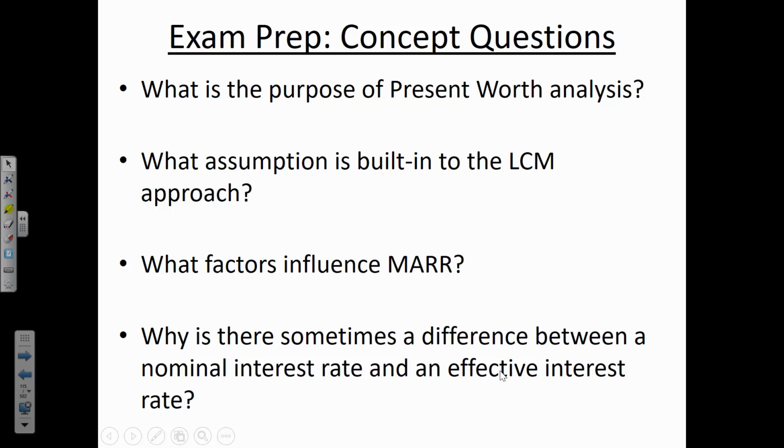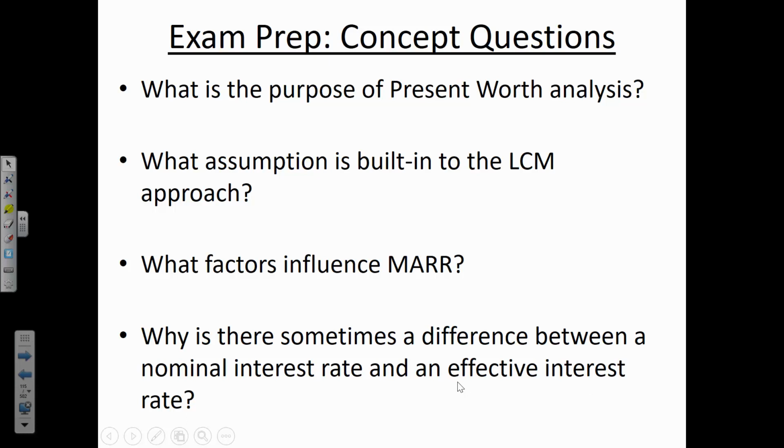It's asking why there is sometimes a difference between the two. So read carefully on these concept questions, because it's good to be able to define some key terminology, but not all of these questions are asking you simply to define the key terminology. They're also asking something about that concept.